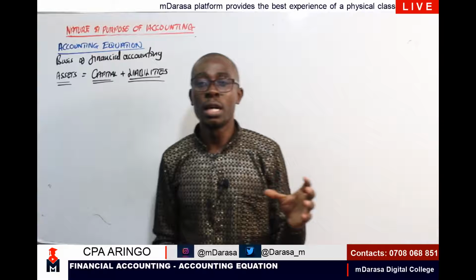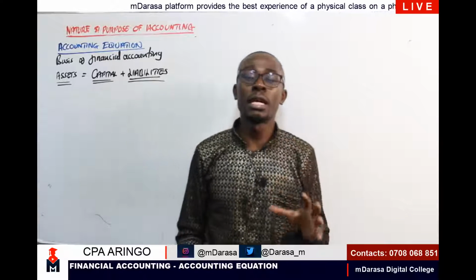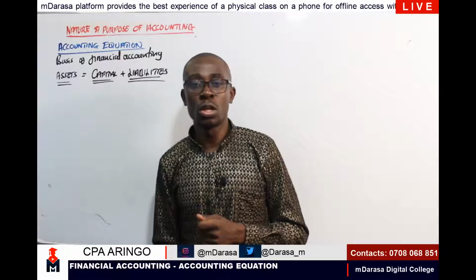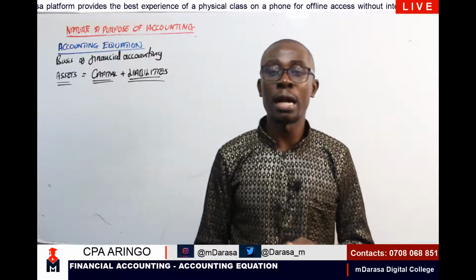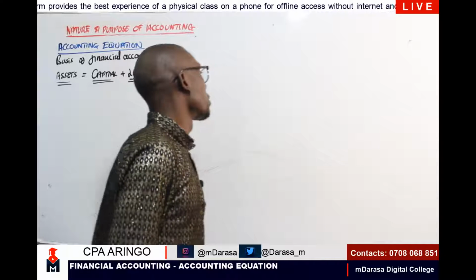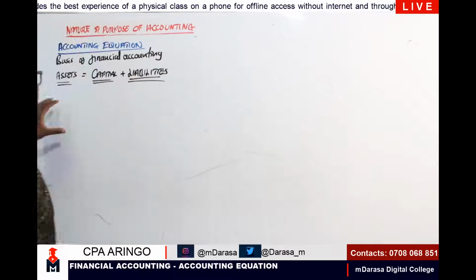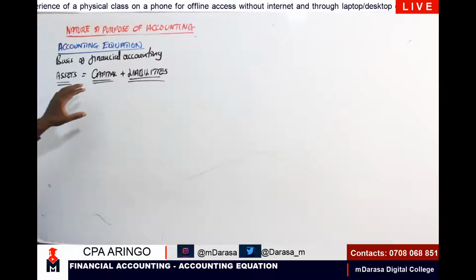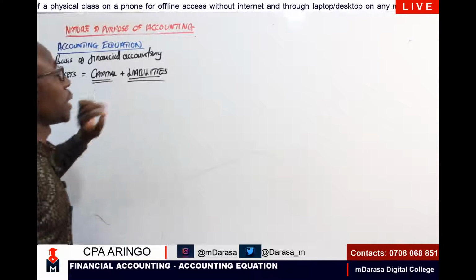Remember we looked at this under elements of financial statements, where one of the elements is the statement of financial position, which used to be known as the balance sheet. So our assets are arrived at through our capital plus liabilities.